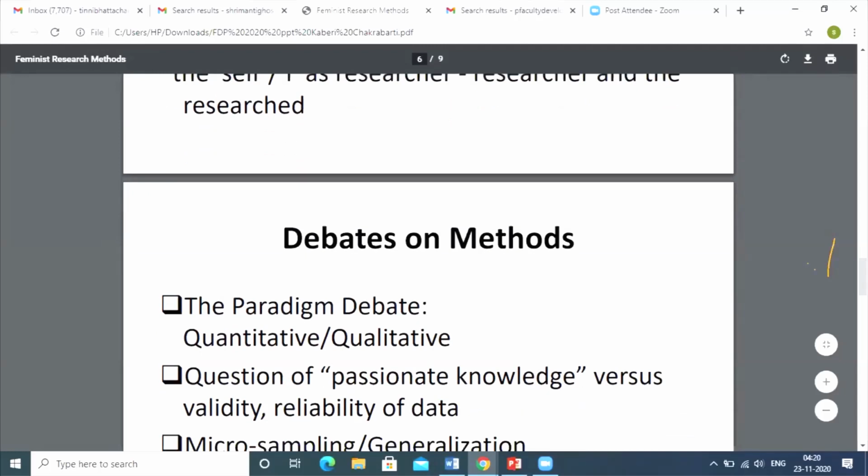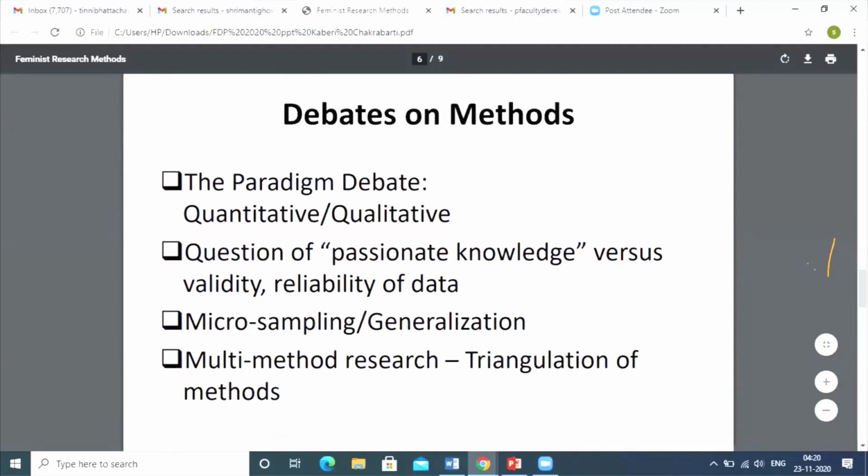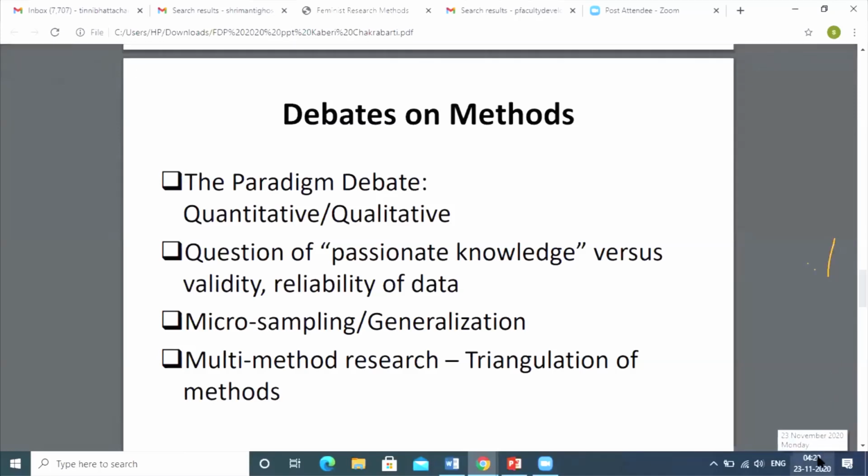Now, with these references, I would like to come back to the debates on methods. The most significant one is the paradigm debate. We talk about the binary of the quantitative and qualitative debate. We know that many scholars have argued that feminist research is essentially qualitative in nature.